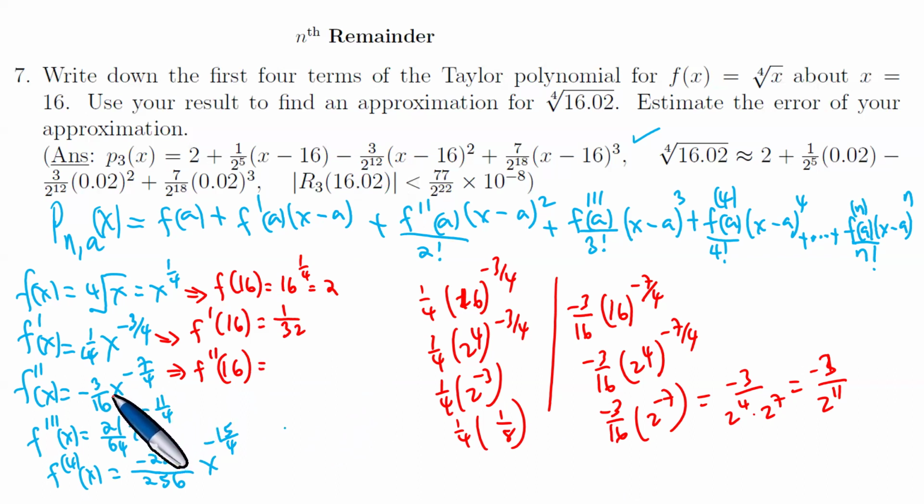Okay, so let's see, this is 4 squared, 16, which is 2 to the 4.